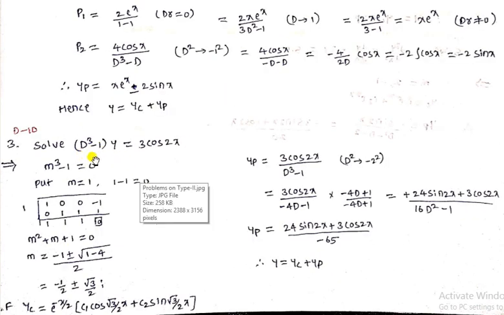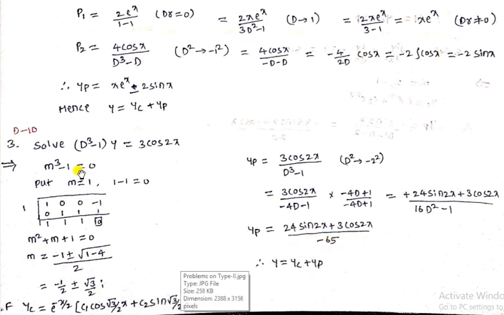So one more example is (D cube minus 1) y is equal to 3 cos 2x. So roots, its complementary function and particular integral. The roots of m cube minus 1 are m equal to 1 and m equal to minus 1 by 2 plus or minus square root of 3 divided by 2.